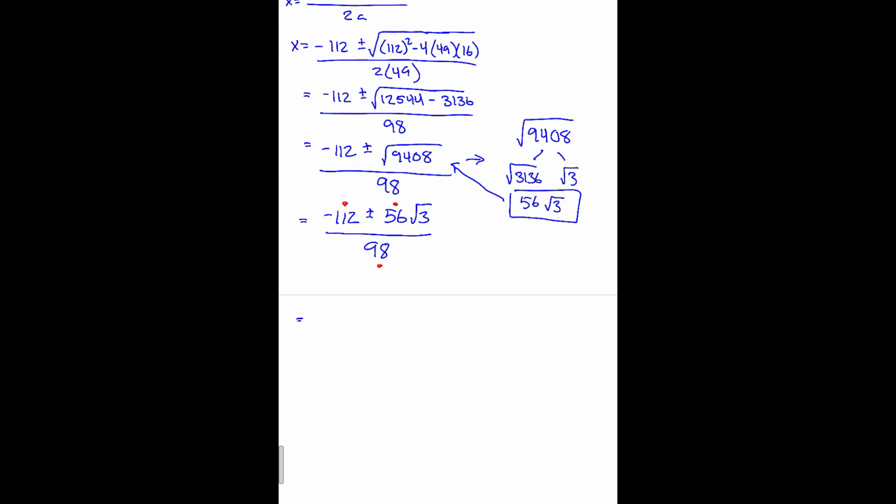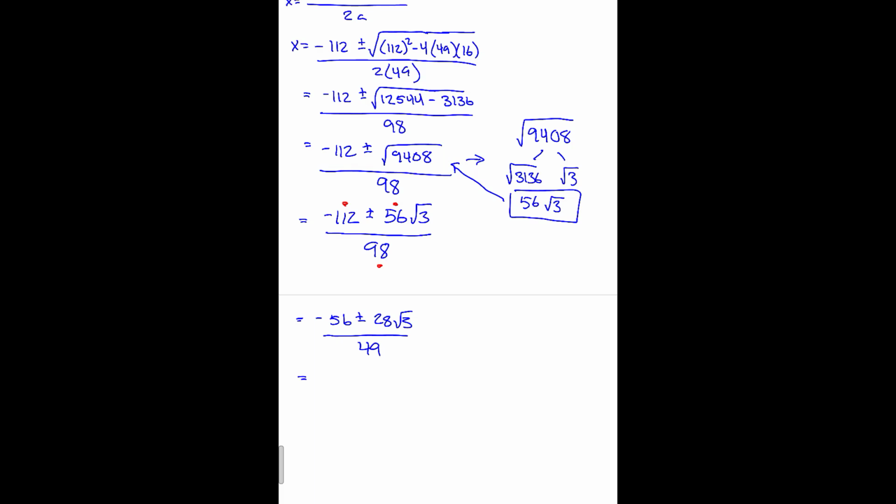So this equals 112 divided by 2, which gets you 56, plus or minus 56 divided by 2, which gets you, it's early, I have not had my coffee yet, 28, square root of 3, all over 98 divided by 2, which gets you 49. Now, here's the weird part. 56, 28, and 49 are not all even numbers, so they can't be divisible by 2.